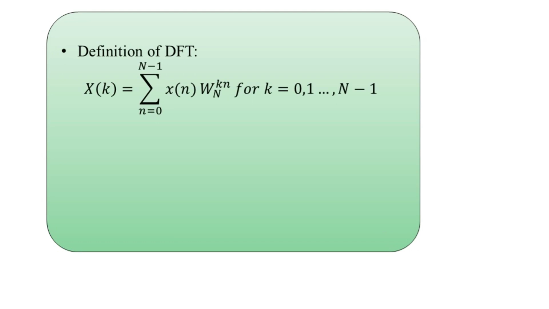Here the DFT for the discrete time sequence x of n can be expressed in the form. In general, x of k can also be taken. So here the capital casing is used.